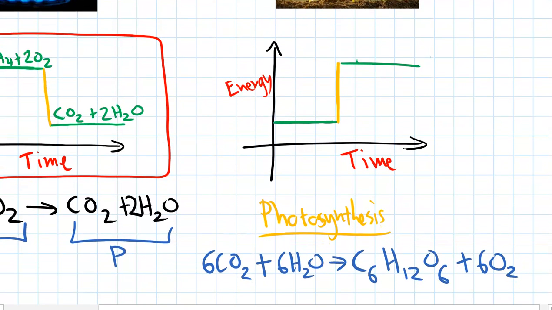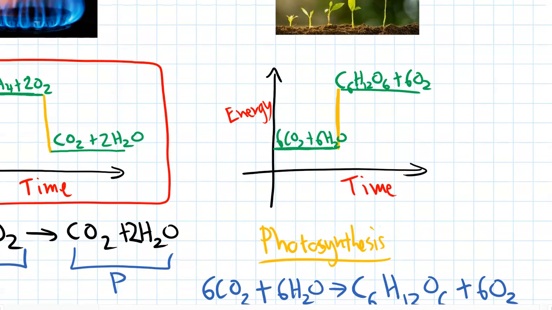Okay, so to finish off our endothermic reaction here, we're just going to list those reactants and products. So 6CO2 plus 6H2O. And then we're making our glucose, C6H12O6, and our 6 oxygens. Okay, done.